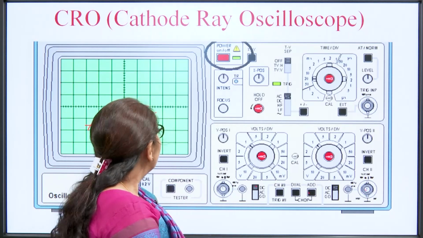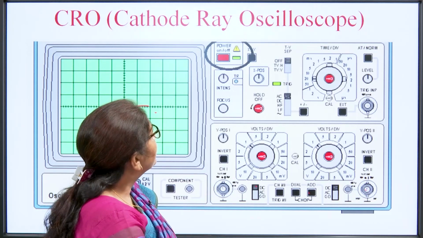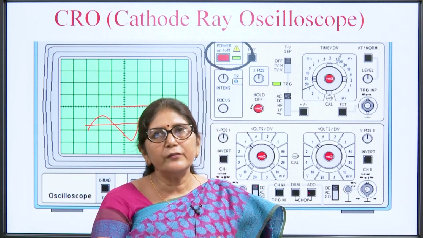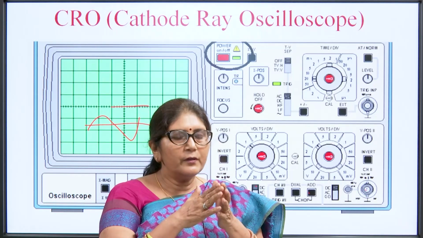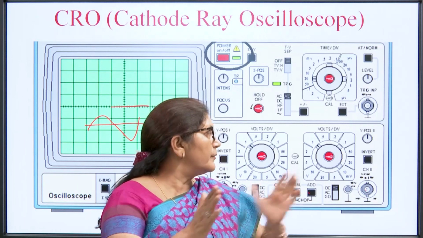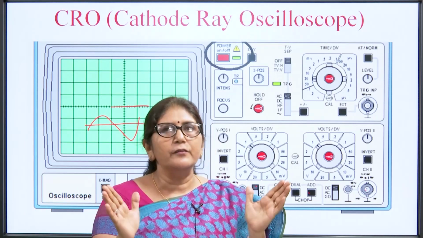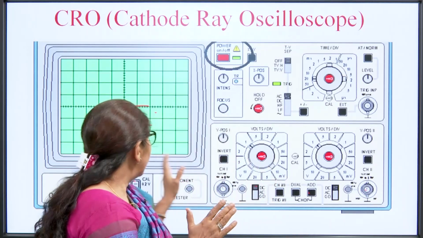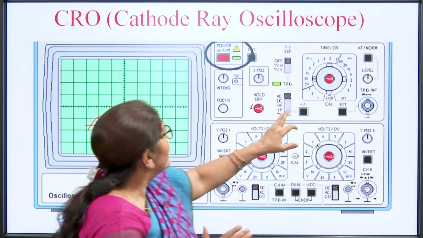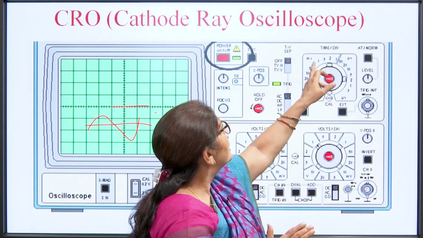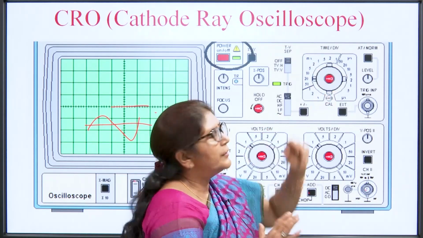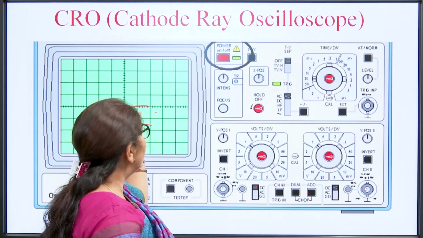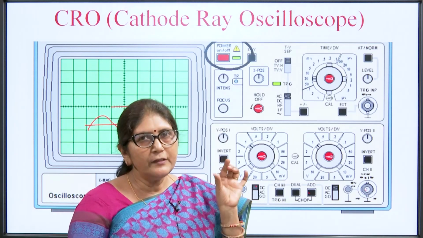This is all about this. There is also a time per division knob. By this we can change the time per division. Time per division means, suppose this knob is at 20 millisecond, it means one horizontal division is equivalent to 20 millisecond.